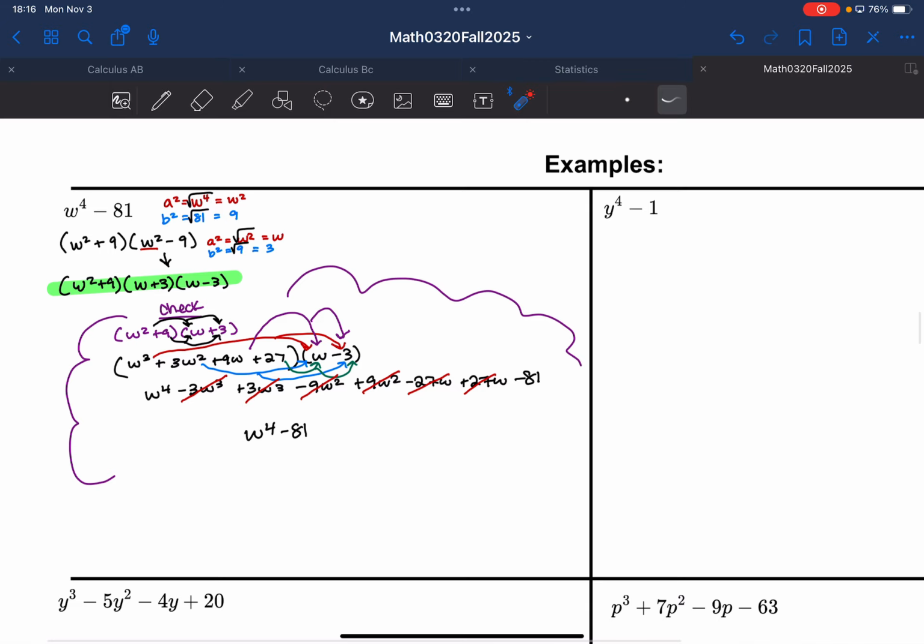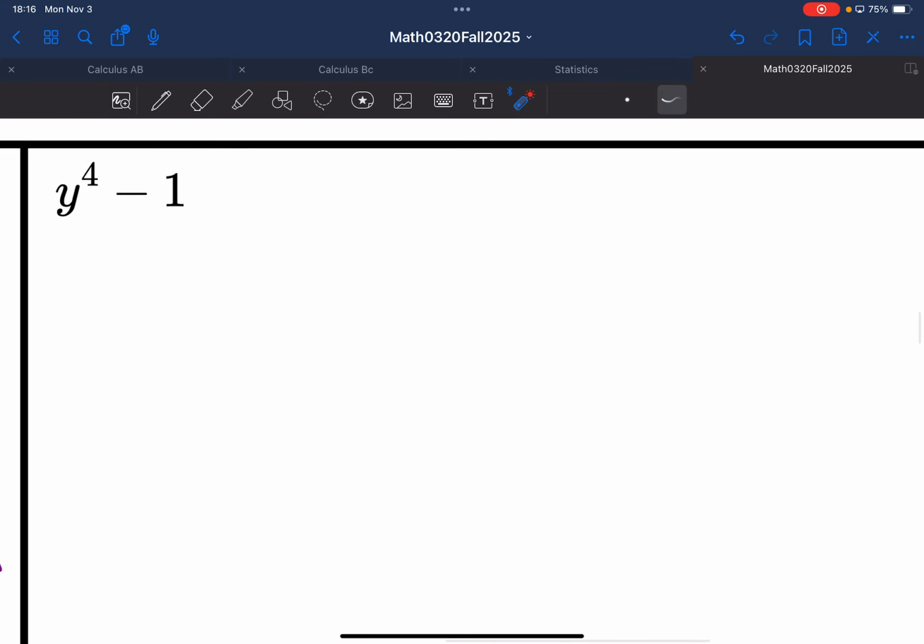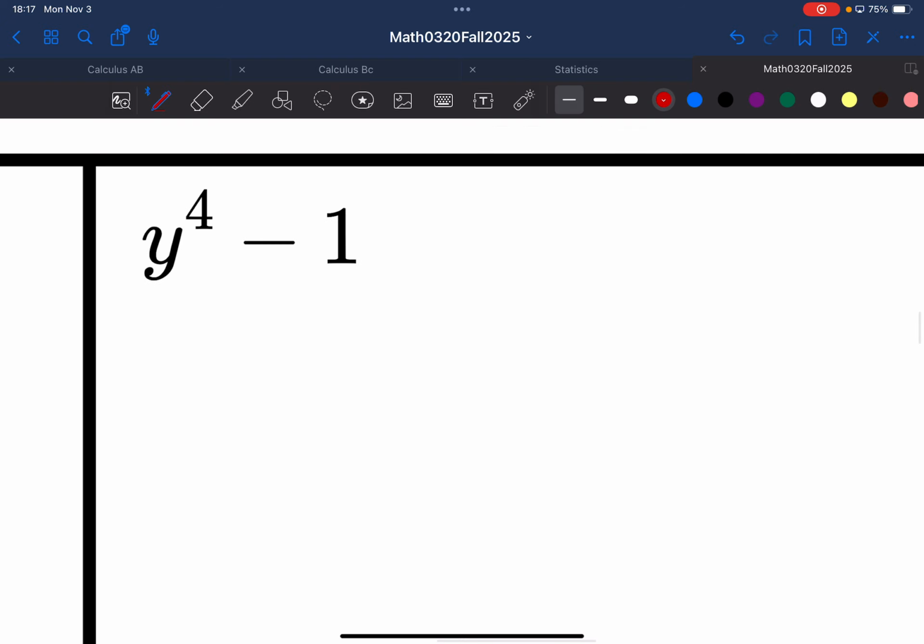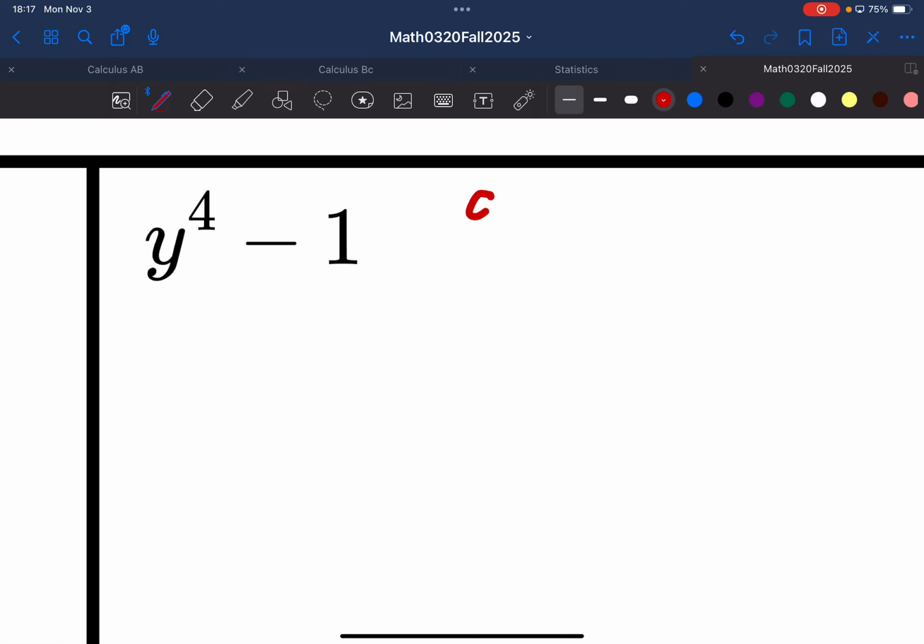Let's look at this one. For this example, we have y to the 4th minus 1, which means a squared is going to equal y to the 4th, and b squared equals 1.